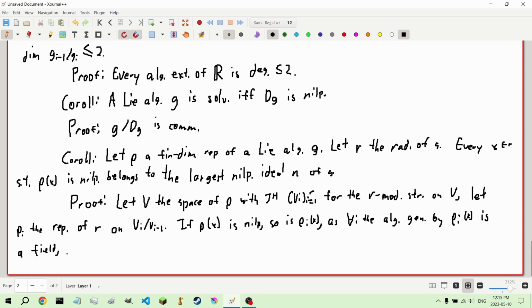So if rho of x is nilpotent, so is rho_i of x. And since the algebra generated by rho_i is a field, it must be 0.